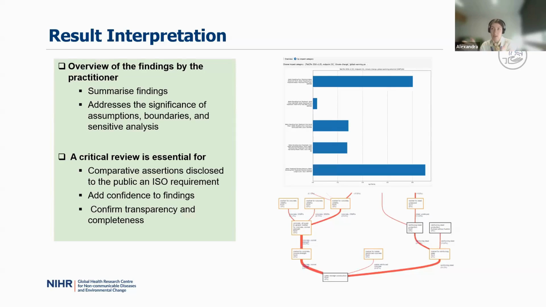For example, electricity. If electricity is derived from a coal power plant versus a solar panel power plant, the results are going to change drastically, especially if it's an energy intensive process. So here is where you can see main emissions are from electricity. How can I change this or any other part of the process?